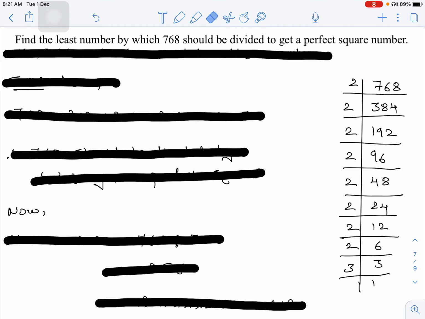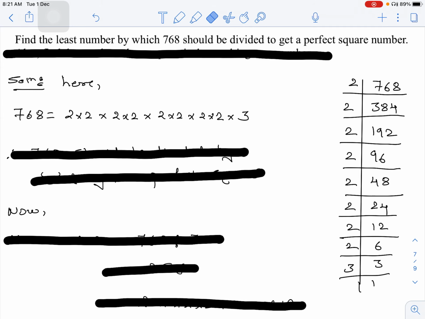Now let us write the prime factors. So 768 can be written with 2 how many times? 1, 2, 3, 4, 5, 6, 7, 8. So we have written 2 eight times, and 3 is only one time, so we have written that here.